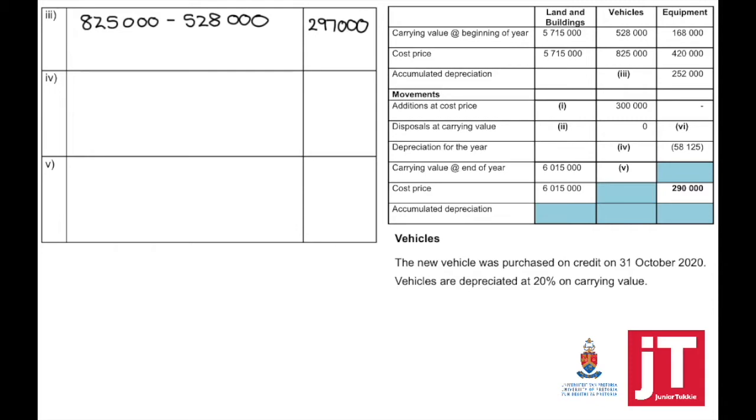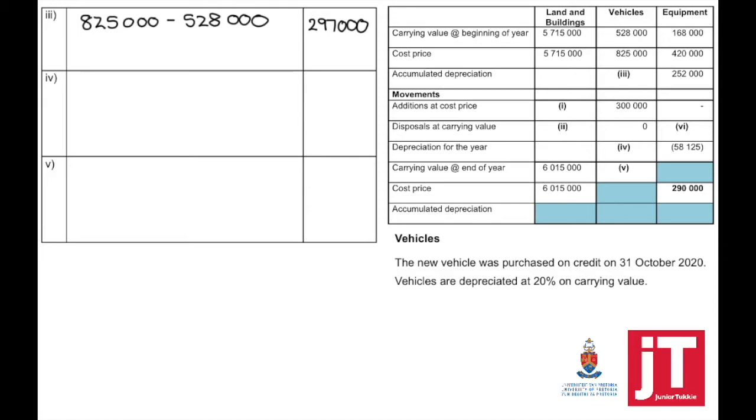To calculate number 4, the depreciation for the year, you now need to look at the note. There's additions, there were no disposal, so this means we need to calculate depreciation on the new plus the remaining.